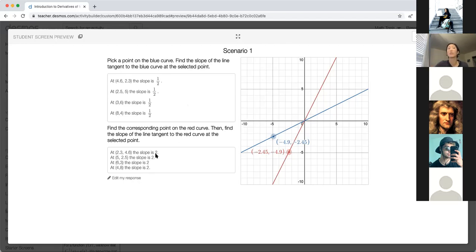This is actually really good. What do I mean by corresponding? So I mean that, for example, this point right here, -5.02, -2.51, the corresponding point on the other line is when we switch the x and y values.